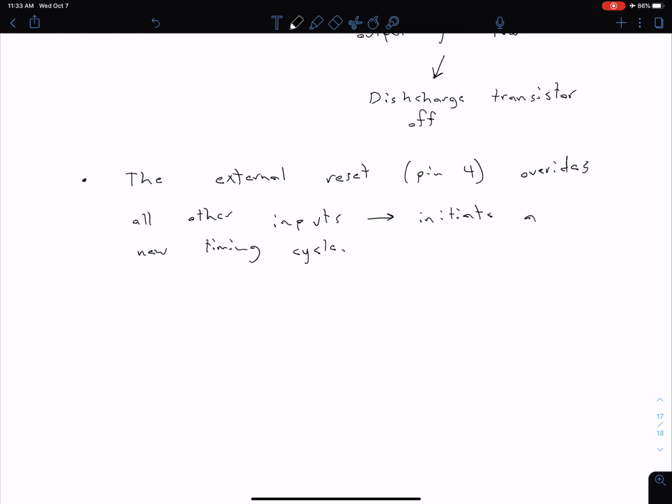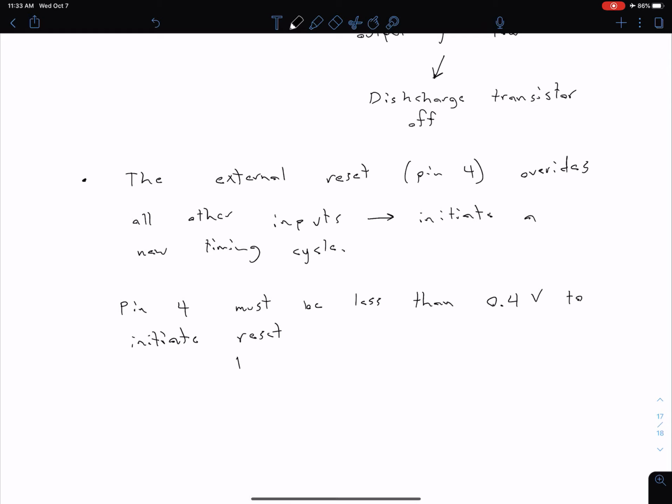And for pin 4 to initiate a reset, it has to be less than a certain value, and that value is 0.4 volts. So pin 4 must be less than 0.4 volts to initiate reset.